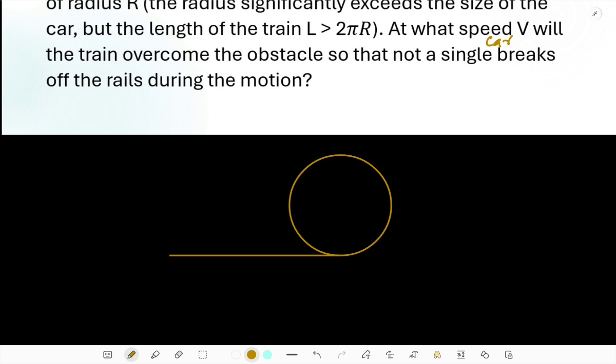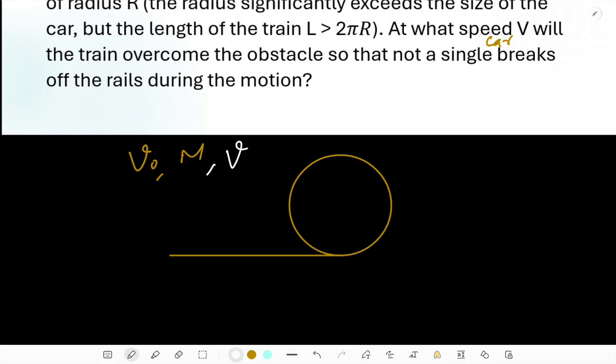If the initial speed of the train is v0 and the mass of the train is capital M, what should be the velocity v at the moment when the train occupies the loop?